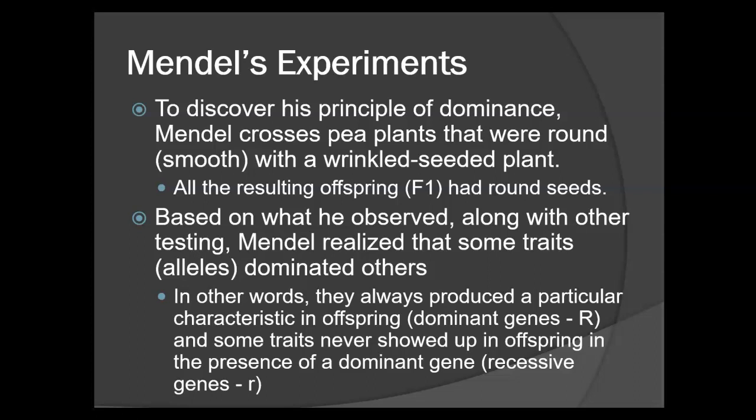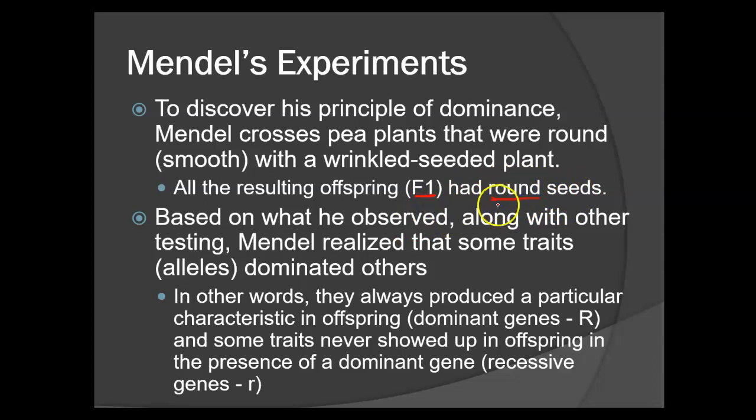And what he did is, so basically just imagine this, Mendel took a plant that had round, smooth seeds, and he crossed them with wrinkled seeded plants. And what he found is that all of the resulting offspring from that first generation, what we call the F1, all had round seeds.